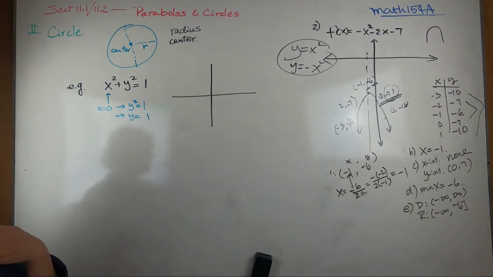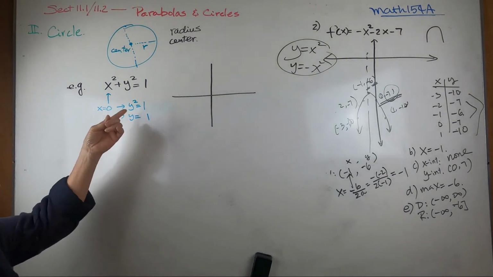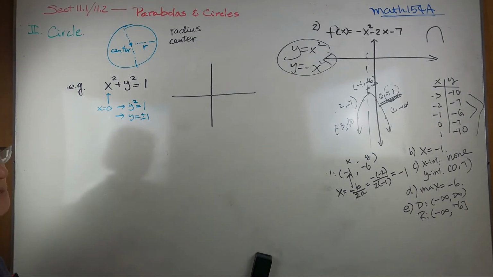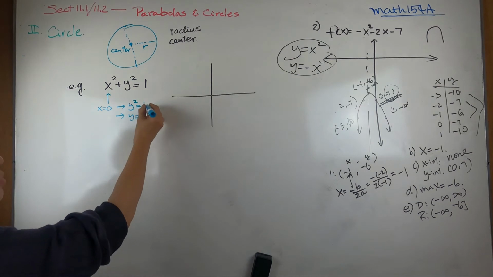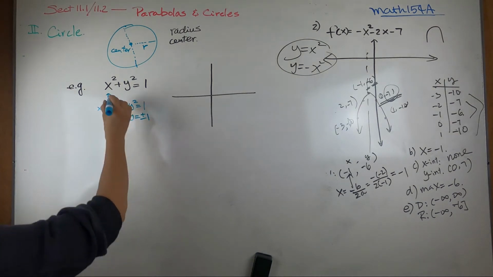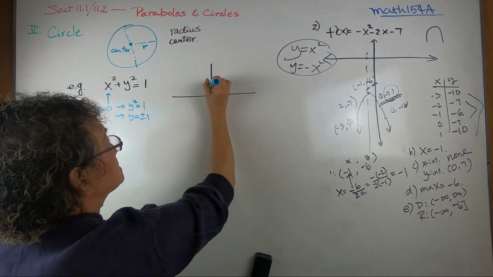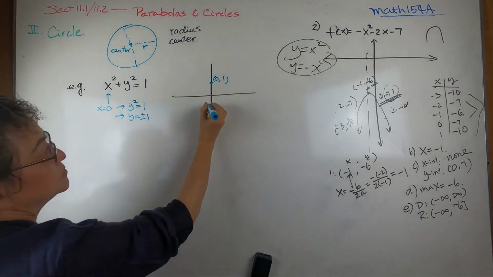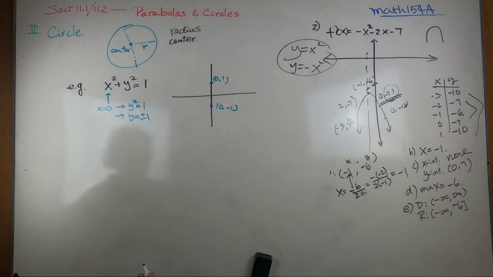Then I would say that's not good enough, right? For the square root property, it can be positive or it can be negative. That means when x is 0, y is 1 or negative 1. That would satisfy this equation, right? So x is 0, so you can have (0, 1), y is positive and negative 1, right?